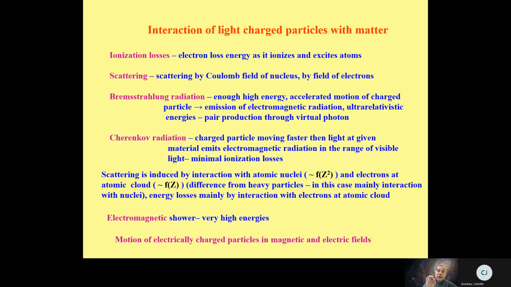This is also a very special type of interaction for light particles, because any charged particle which is moving with some acceleration emits electromagnetic radiation. If you have a particle which has very high energy or high velocity, in this case the energy transferred to electromagnetic radiation is high.